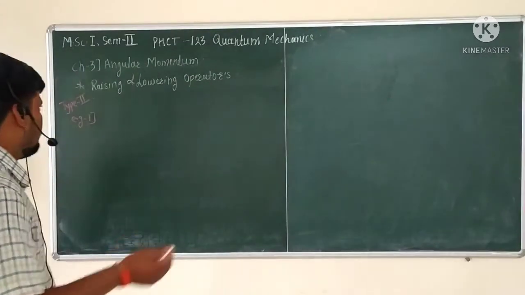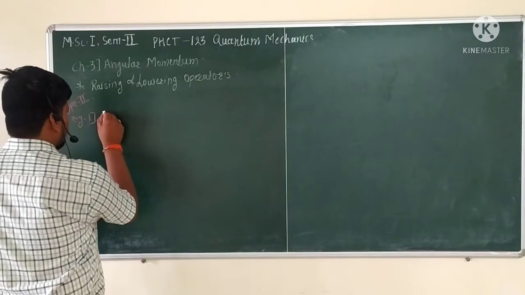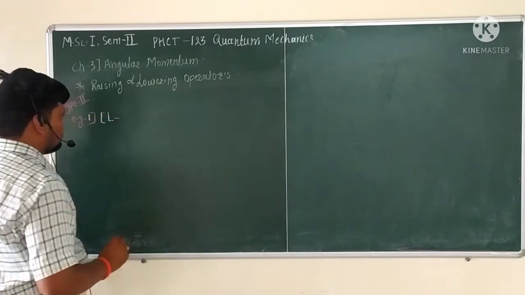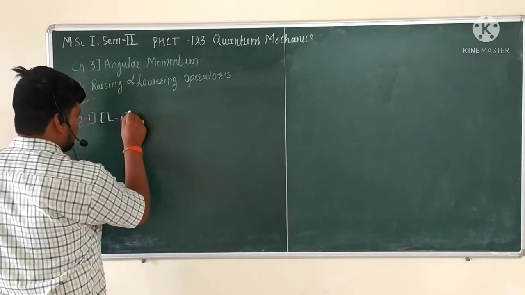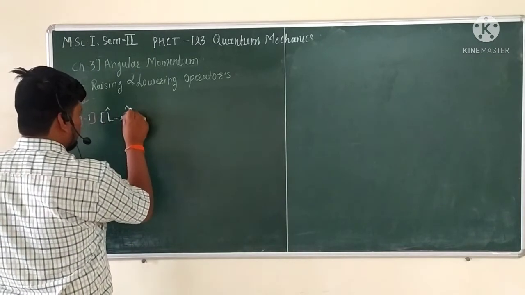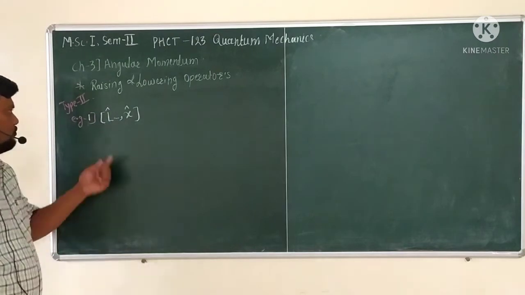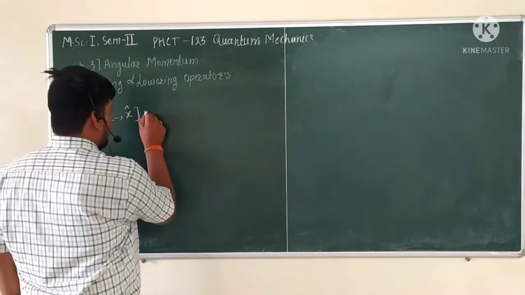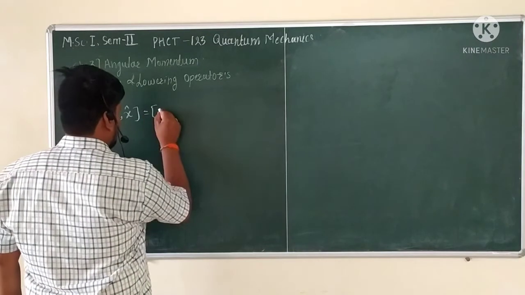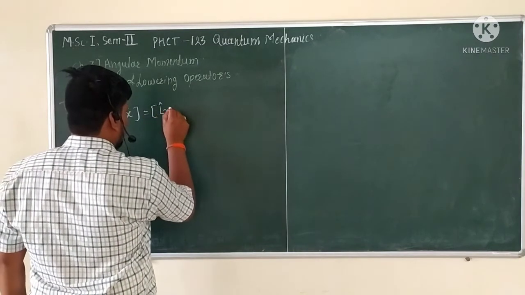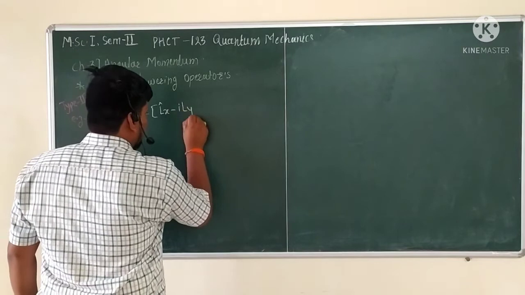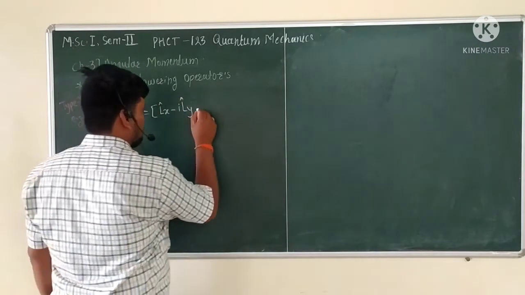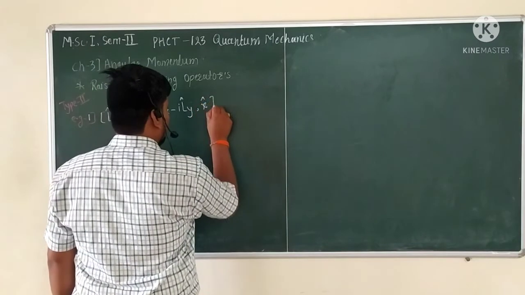The first example is the commutation relation of L minus and x cap. You know that the L minus cap operator is nothing but Lx cap minus I Ly cap, and we take its commutator with x cap.